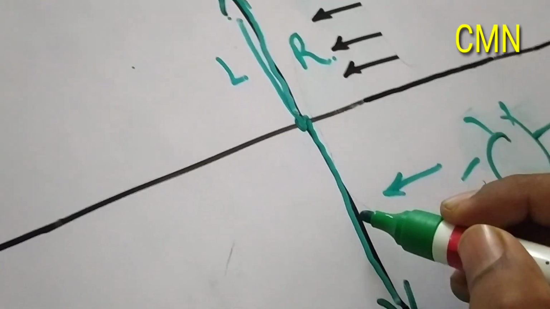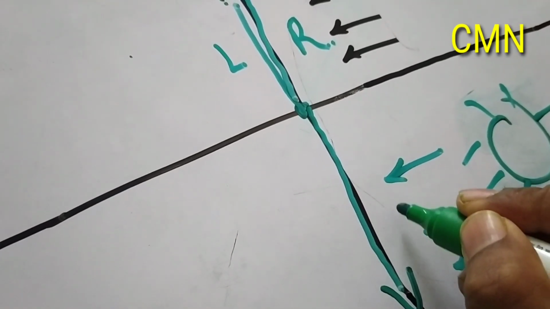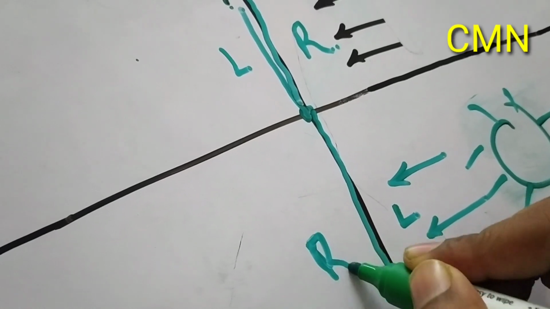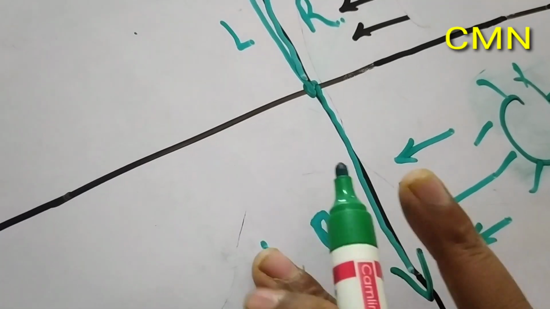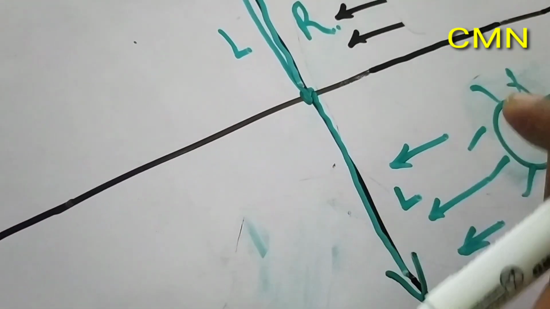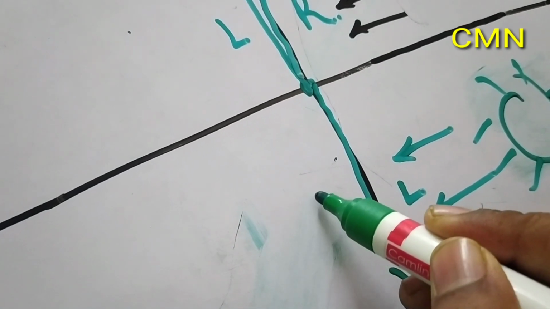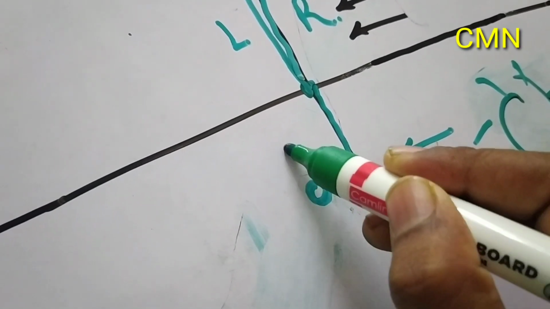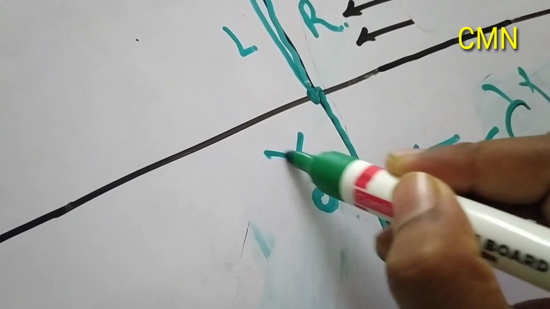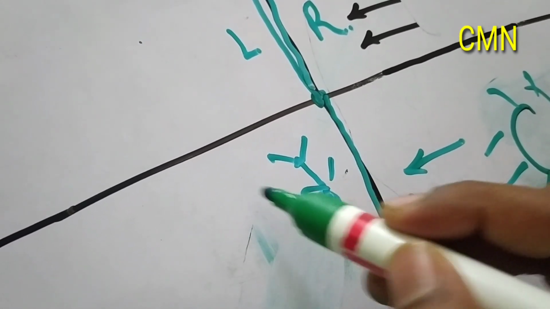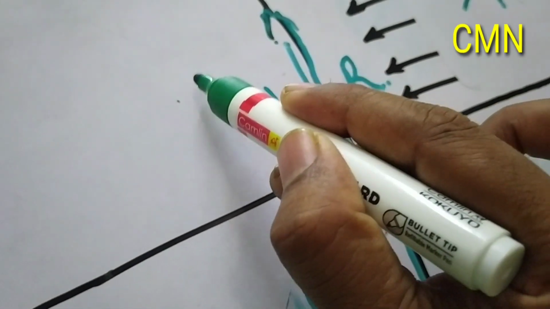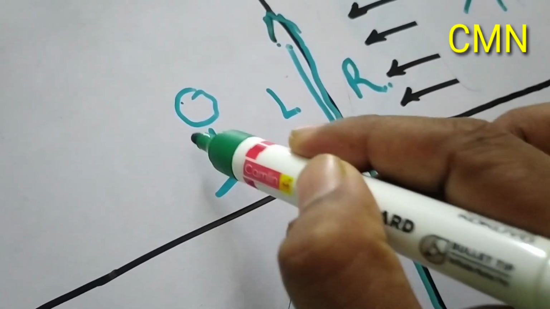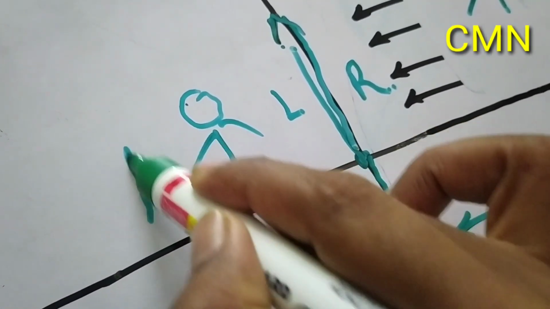But the man is facing south, so this is his left and this is his right. The shadow will be on his right side.